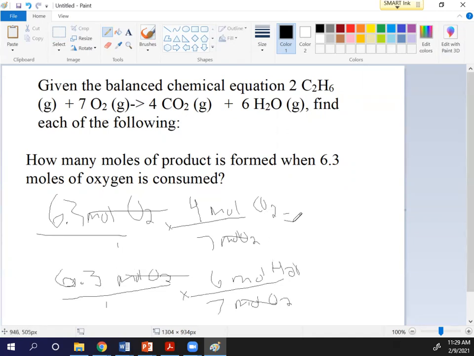So what's the top answer? 3.6 mole CO2. And the bottom, 5.4.